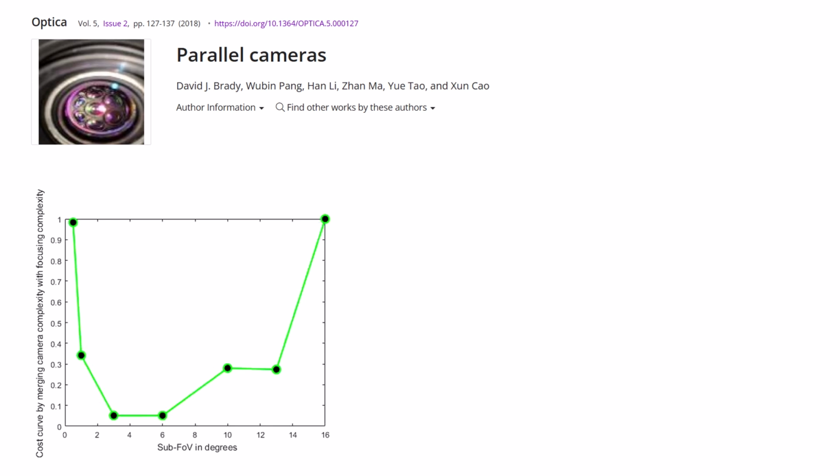So this paper from our group analyzes the cost per pixel of an imaging system as a function of the field of view. And so if you choose a certain IFOV, you'll find a minimum cost, and then you build lenses with that kind of scale, and then you can use arrays of those to create whatever field of view you want to get the kind of parallelism you want.